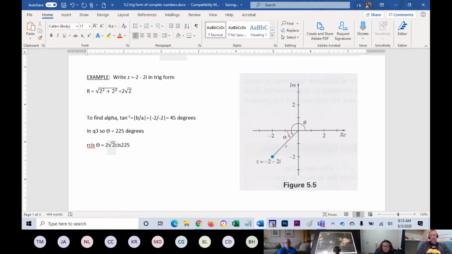Does that make sense? So I've just converted this to trig form. Okay.